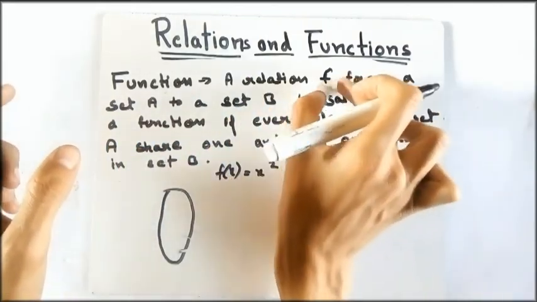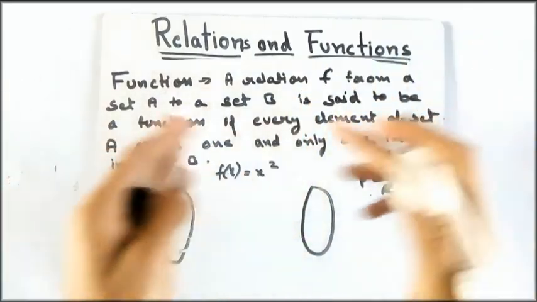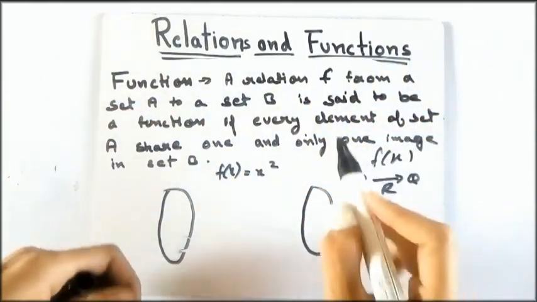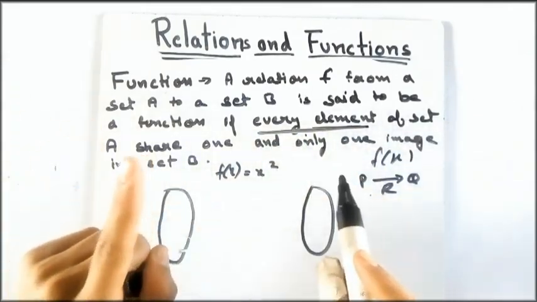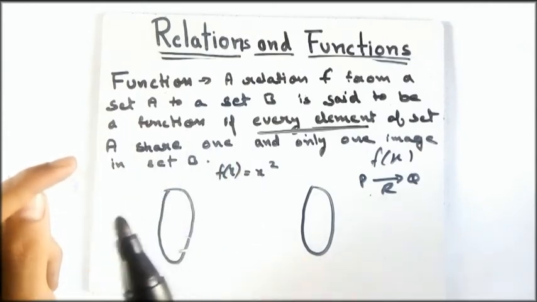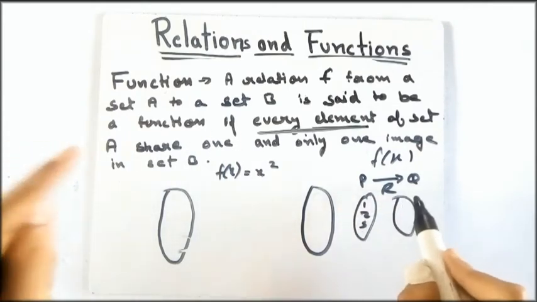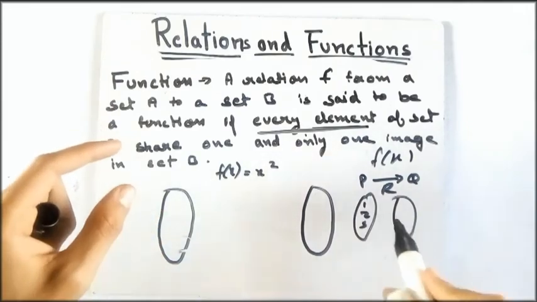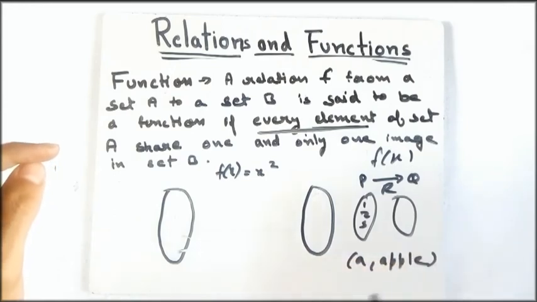That a relation f, we call it f now, not R, is said to be a function from set A to set B if every element of set A shares one image. That means if there are 1, 2, 3, there should be one image. For example, we wrote apple in the previous one, so this apple is the image.